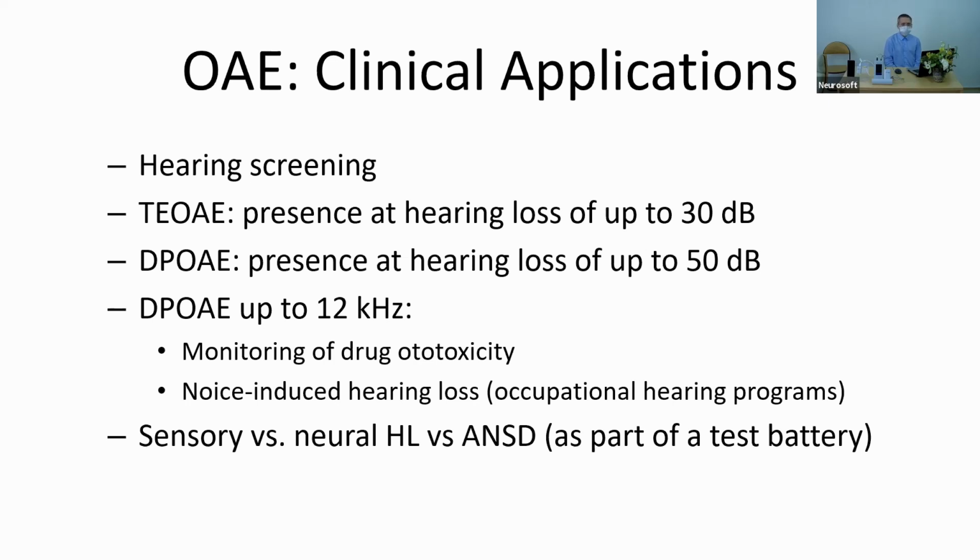And another possible application is as part of a test battery, including also ABR and probably other evoked potentials, to distinguish between types of hearing loss, sensory or neural, or maybe auditory neuropathy.